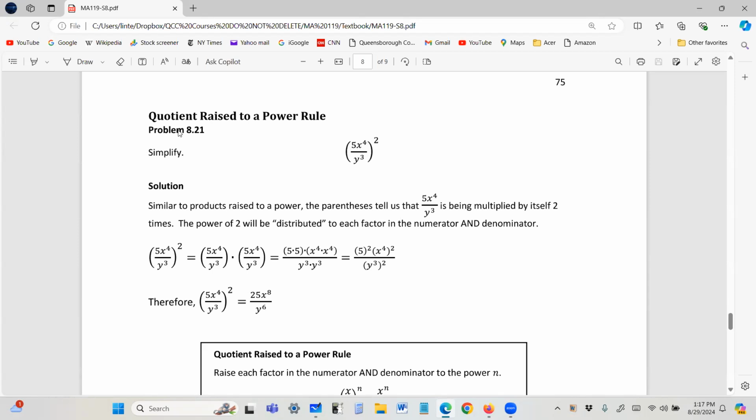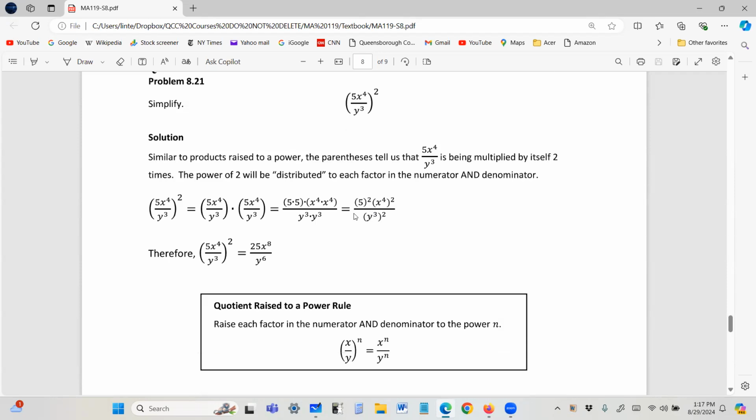So, for example, in problem 821, we would have to square the 5, x to the 4 squared, as you can see here, right? 5 squared, x to the 4 squared, and then y cubed squared in the denominator. So 5 squared would be 25.